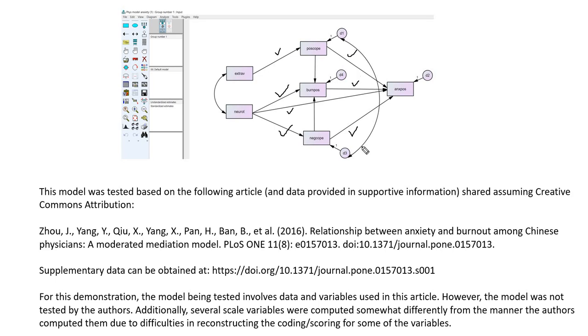You'll notice that we have a double-headed arrow between D1 and D3, and that's reflecting the possibility that there might be a correlation in terms of the error terms. Basically, you might expect that positive and negative coping might be correlated with each other, even perhaps after accounting for the variables upstream. So at any rate, let's go ahead and open up AMOS and draw out our model.